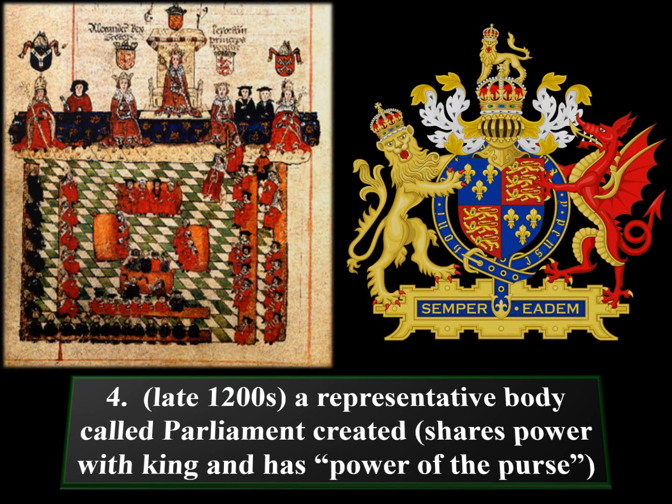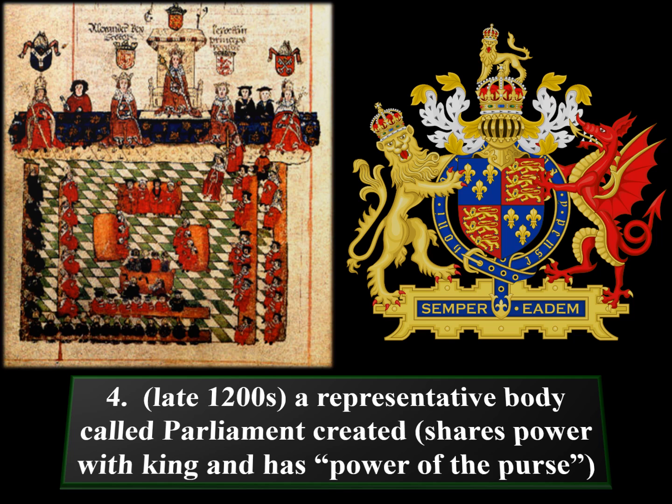In the late 1200s, this representative body called Parliament is officially created, and Parliament shares power with the king, but also maintains the power of the purse, meaning that the king cannot raise taxes without the consent of Parliament.